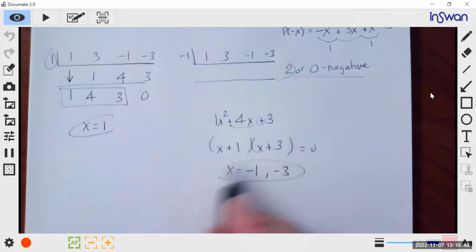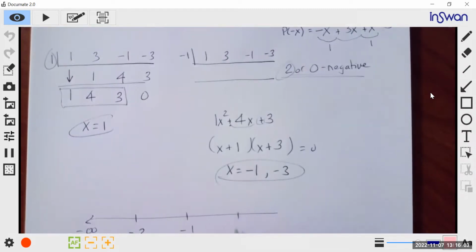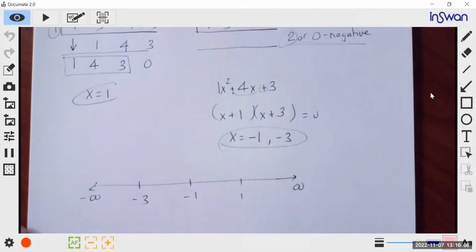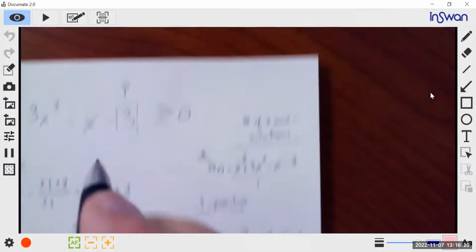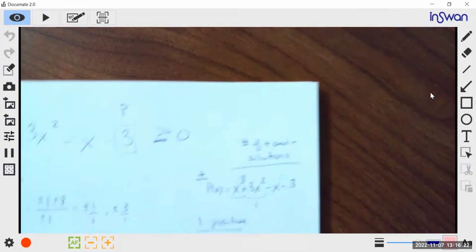So these are my x-intercepts. So it's at -3, -1. Are they open or closed circles? They're closed because the original inequality is greater than or equal to.